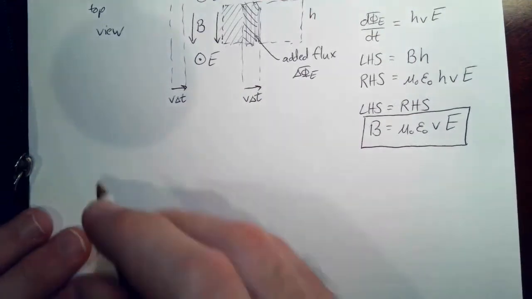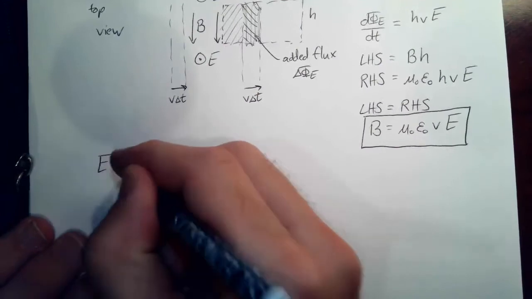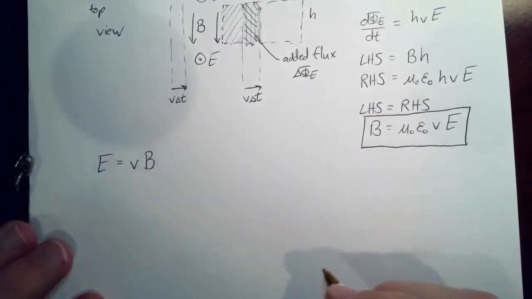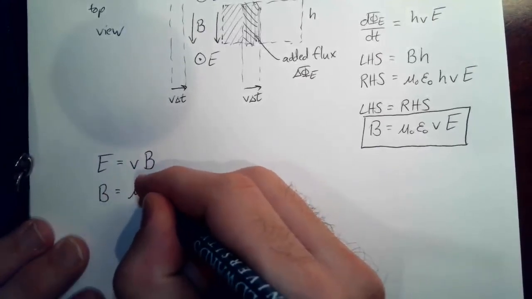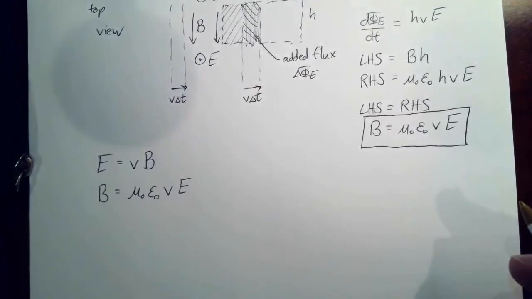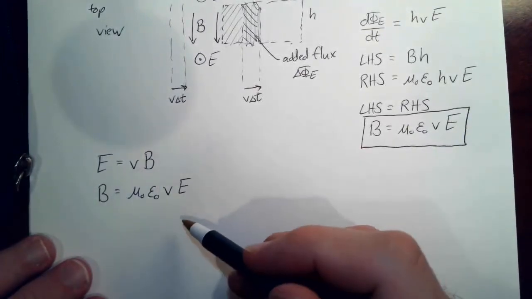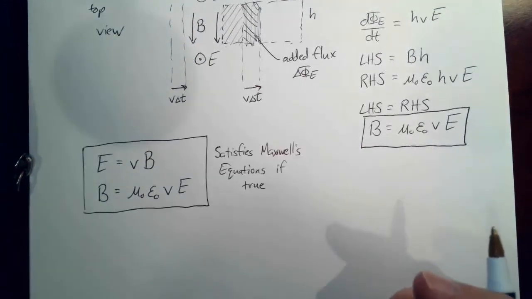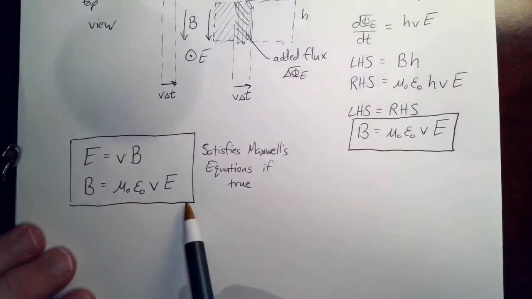And we've developed two relations that must be true. One is that E is equal to VB. Again, these are magnitudes. And the other is B equals mu naught epsilon naught VE. And let's combine these equations and solve for V. Okay, so we've shown that it satisfies Maxwell's equations if these relations are true.